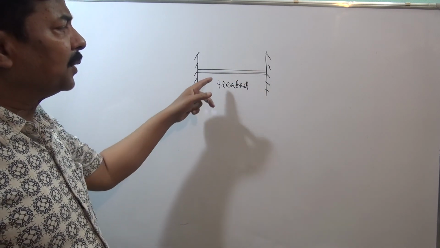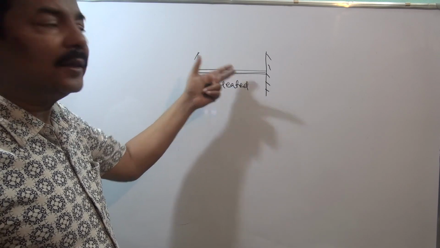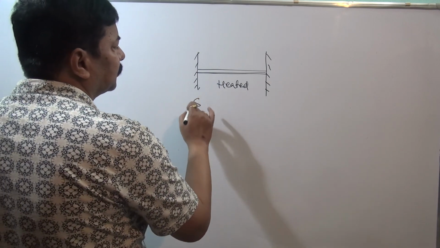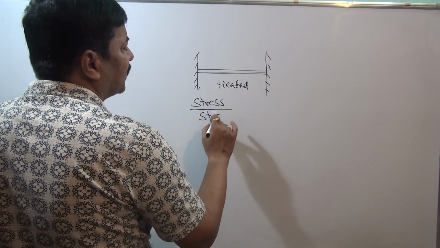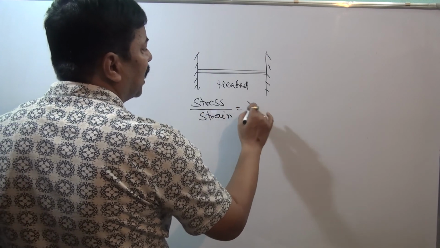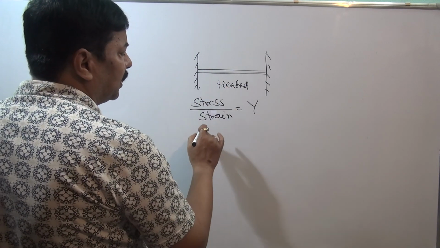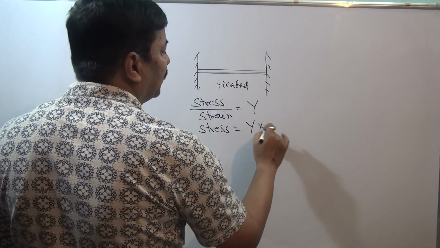So when it is fixed, the stress will develop, and that stress is called thermal stress. Now you see, a stress by a strain, as I said, is Young's modulus, Y. Due to heat, a stress will be equals to Y into a strain.